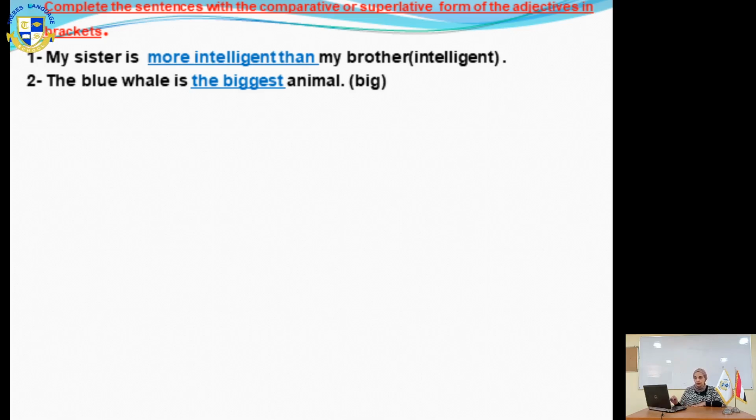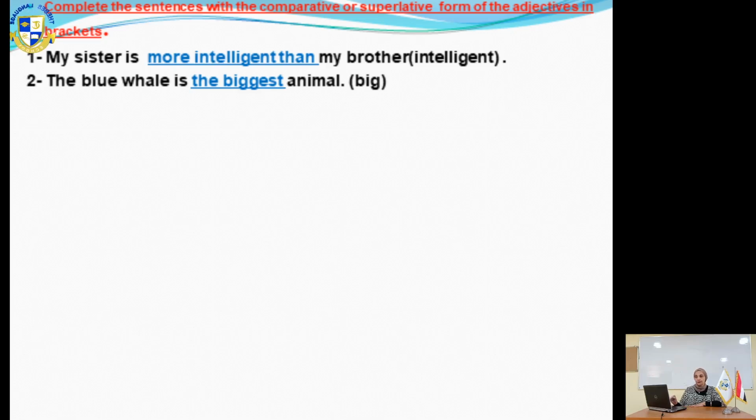Number 2, the blue whale is, we have a space, and we have animal, and we have big. So now, we don't compare between the blue whale and one other animal. Here we are comparing between the blue whale and all the animals. So we have to use the superlative form, and we have to use the biggest. So the blue whale is the biggest animal.